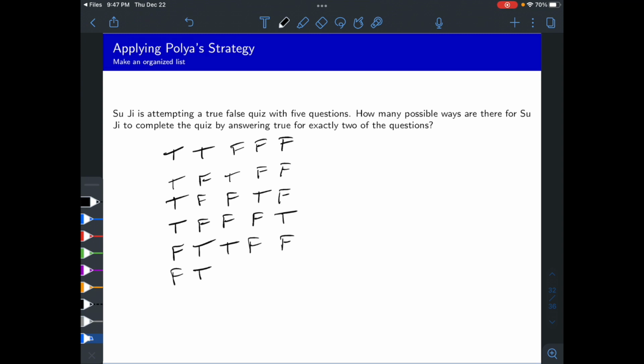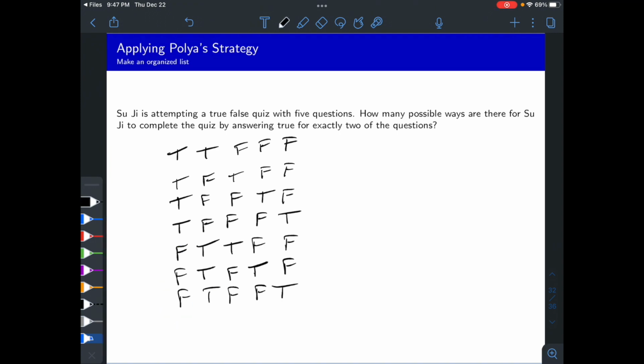Let's keep that second answer true for as long as we can. Third answer, let's change that to false, and then make true be the fourth answer. And then the fifth answer. And then at this point, we've run out of possibilities for when the second one is true and the first one is false. Okay, let's move over here.